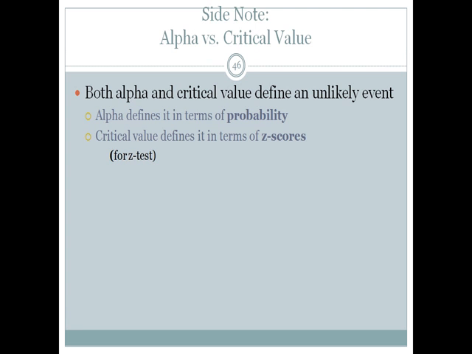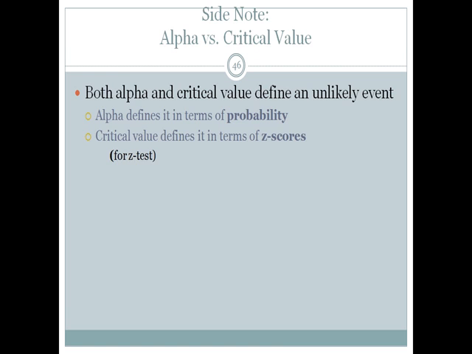They both kind of give the same information, but they're talking about two different things. The alpha level is a probability. The critical value is the z-score at which we would find that probability. So both of them are similar concepts, but they're finding two different things that will always be related.